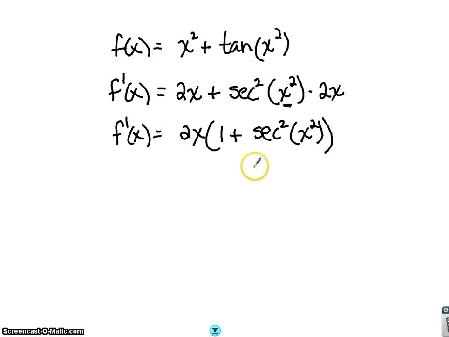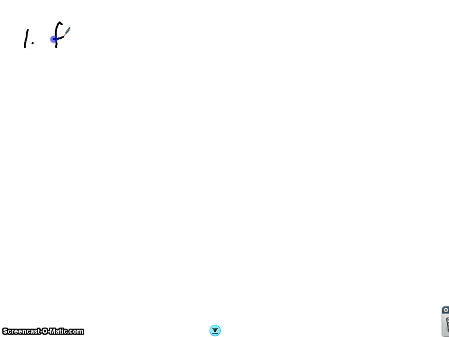So again, look at this video, watch it, identify those inside, outside. I'll even give you a couple practice ones to look at, so you can just identify, and even if you want to take the derivative, you may. So let's look at this. So look at these functions and say, what is the inside function? What is the outside function? And then maybe try to take the derivative of them.